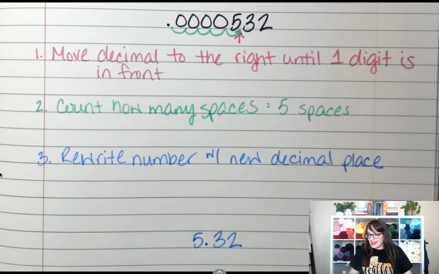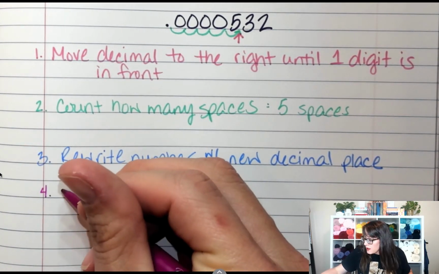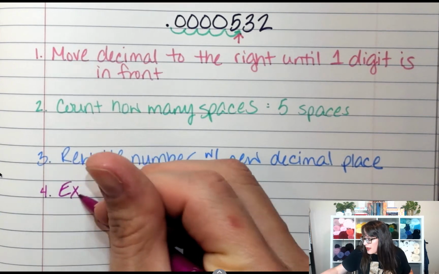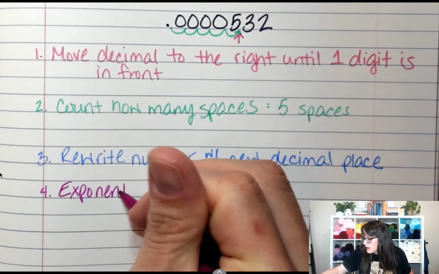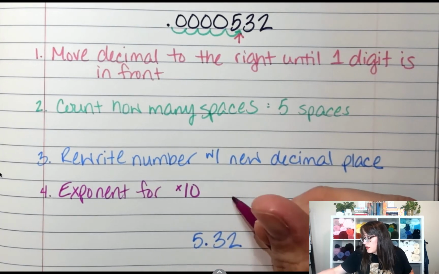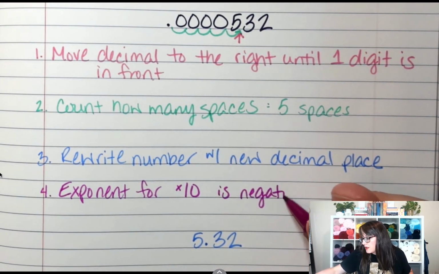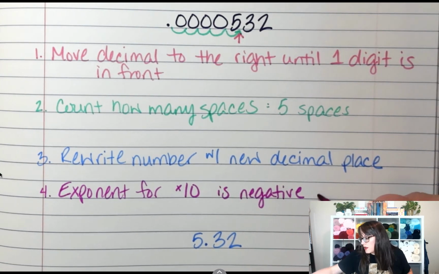And then the last thing I need to do is take my step 2 and make it my exponent. My exponent for my times 10 is negative the number of spaces from step 2.